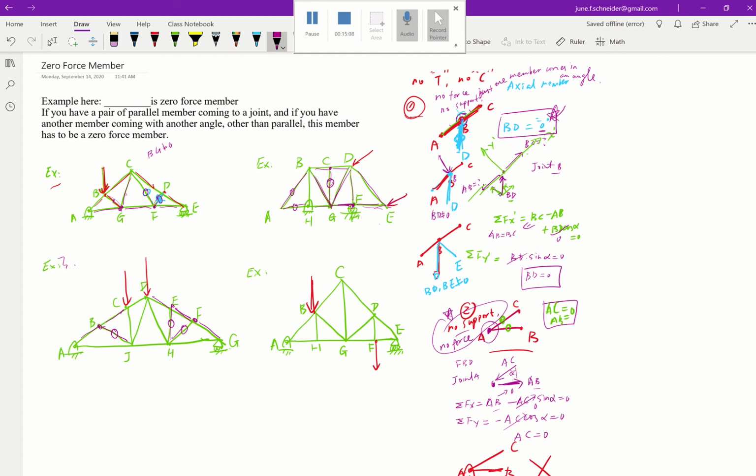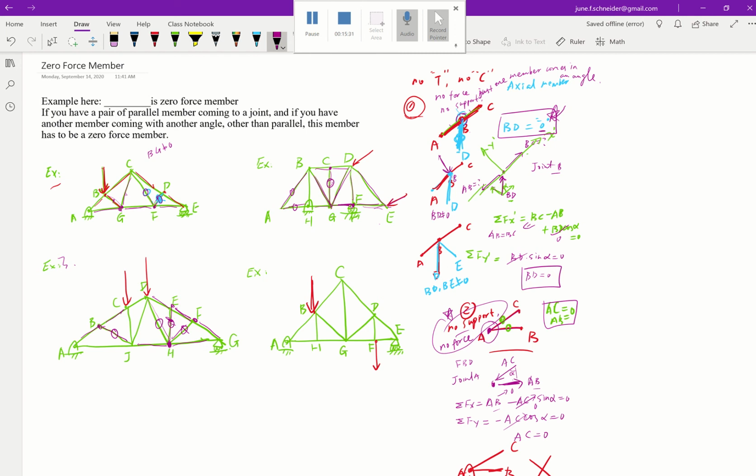Now, let's say JH and HG join at H, and EH and FH are both zero force members, so DH is considered the only member that comes to the joint at H, right? Because EH and FH are zero, that has to be a zero force member as well.